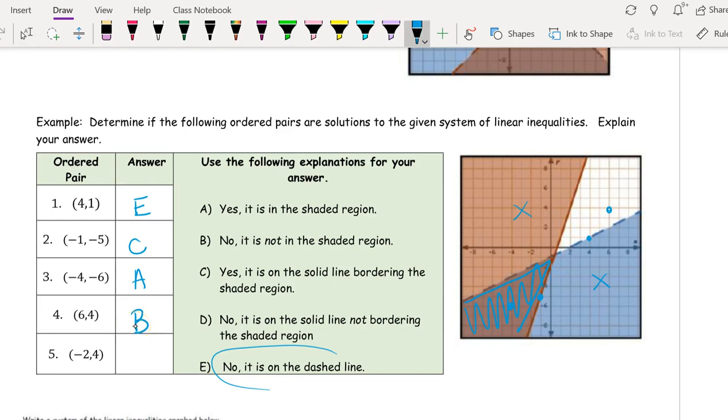And then negative 2, 4 would also be a no. Even though it's in a shaded region, it's not in the shaded overlapping region. So those points are not solutions. So that would be no again. Okay.